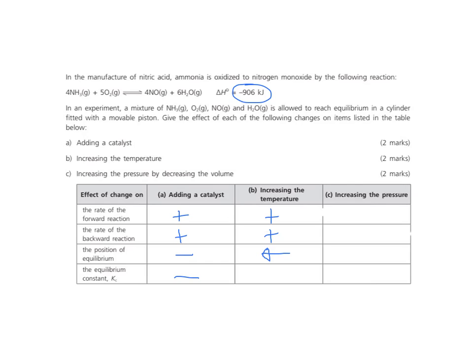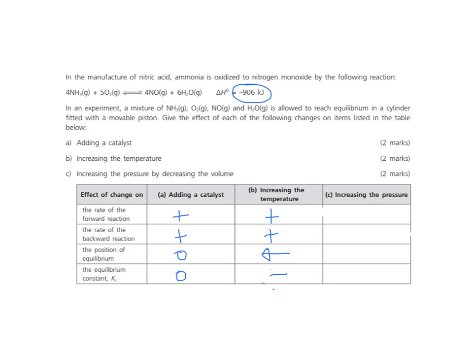Kc then decreases. I'm going to use a 0 symbol to represent no change. No change. And here my Kc gets smaller, so negative.